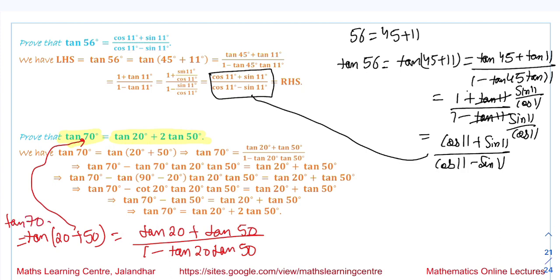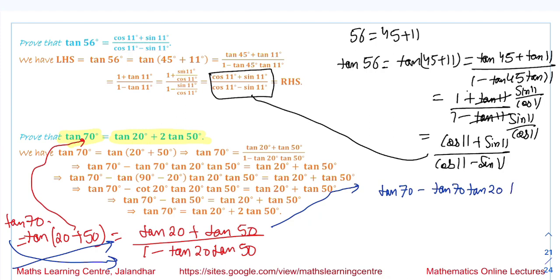Now if we cross multiply these terms over here, we obtain tan 70 minus tan 70 into tan 20 into tan 50, that is equal to tan 20 plus tan of 50.